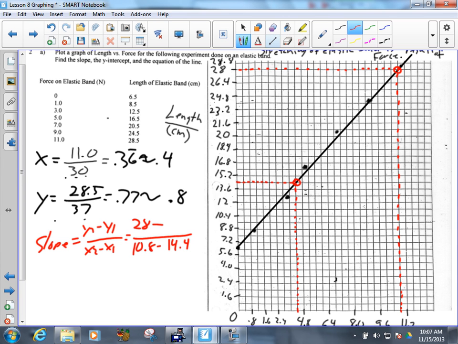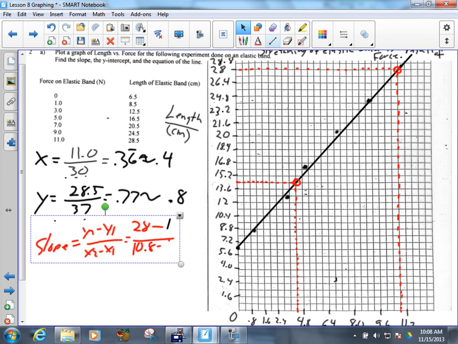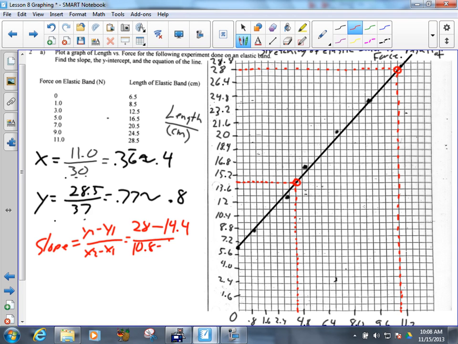And 4.2. Whoops, did that wrong. Okay, so that's what our slope calculation should look like.